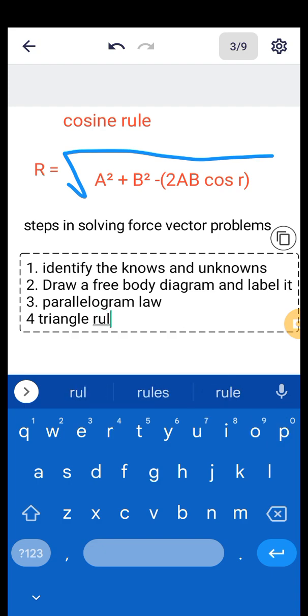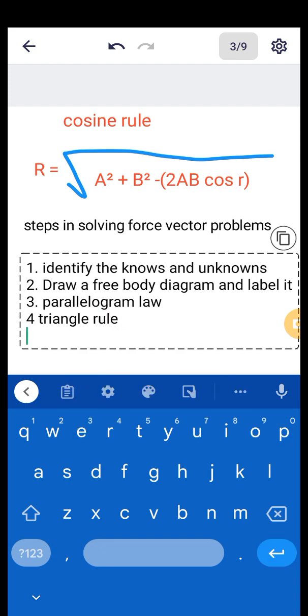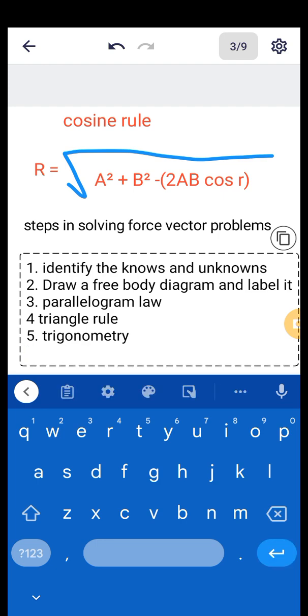Then on step 5 you apply what? Trigonometric law. Okay, let me just say trigonometry. Then step 6, now solve. Okay, you solve for the unknowns.